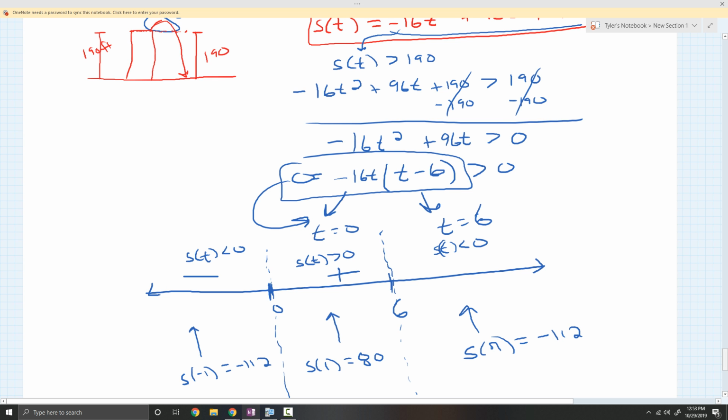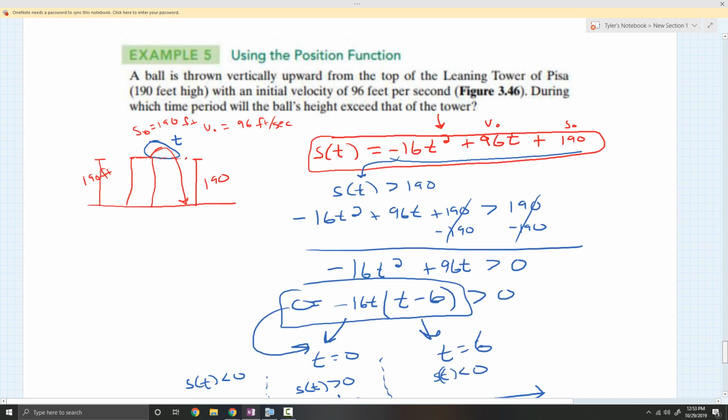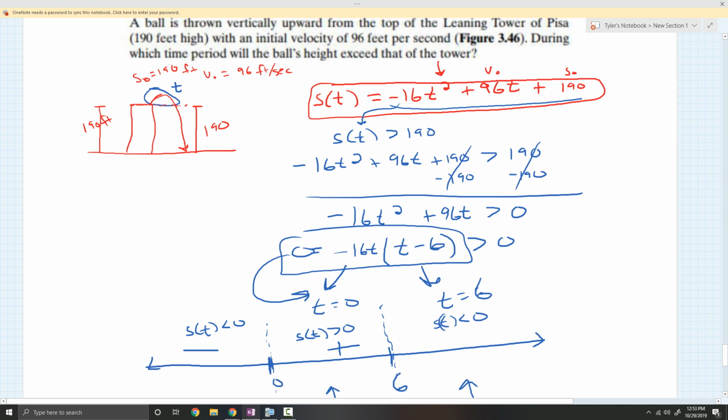So if we go back up to what we were trying to find, looking at it in this form, what we're after is when is our function greater than 0?